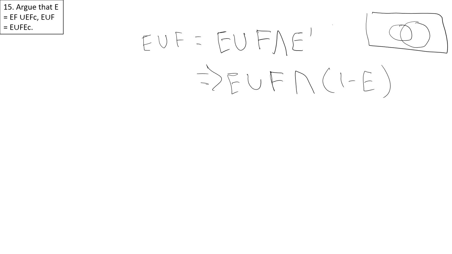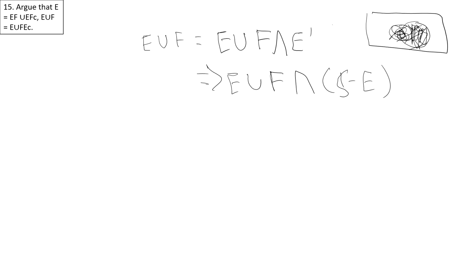E union F, both of this. F intersection E complement is this part, and E is this part. So let's do this. What we get is it won't be 1, it will be S.